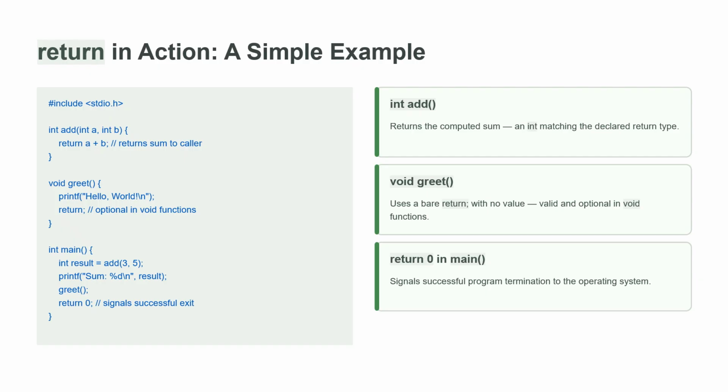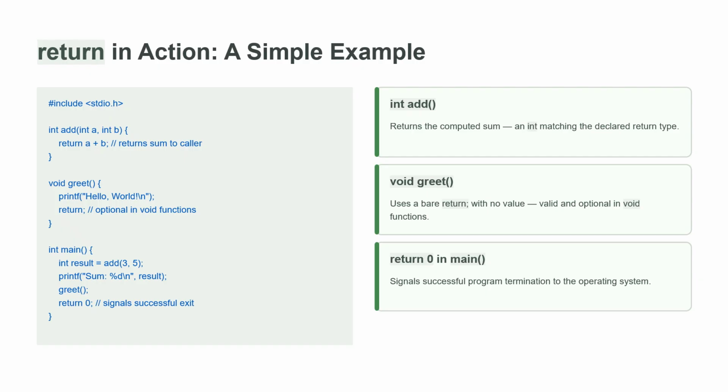Void means no return type. Here it uses a bare return with no value, which is valid and optional in void functions. The next, return 0. Here you are declaring int main. When you go with void main, you do not have any return type. When you go with int main, you have a return value.